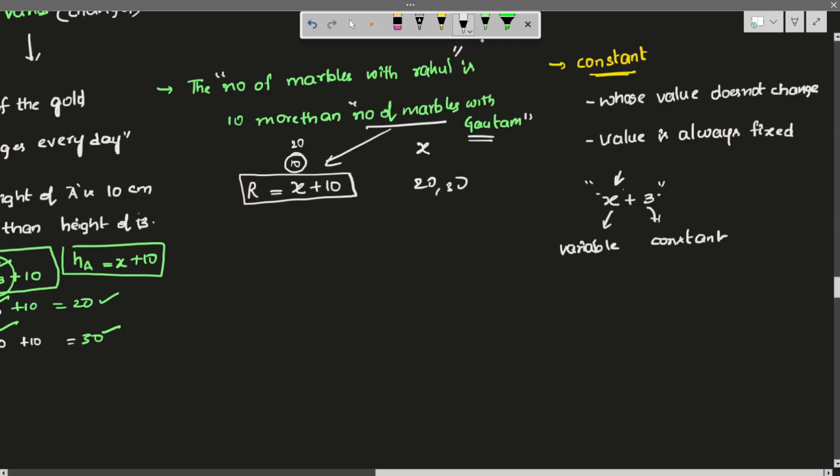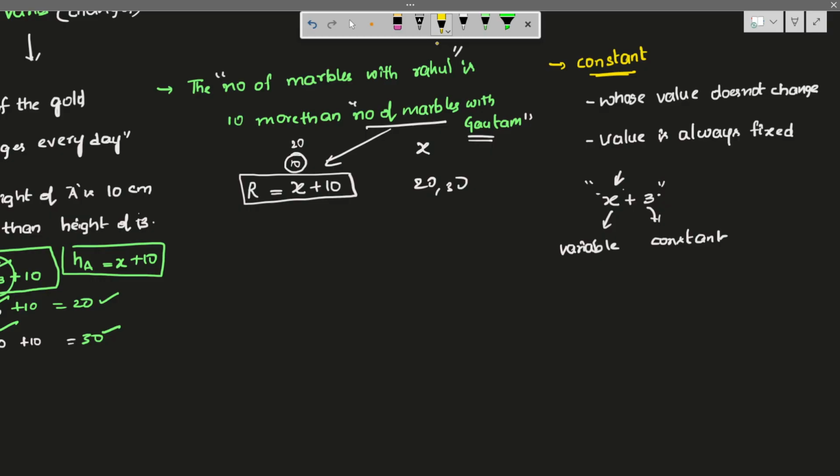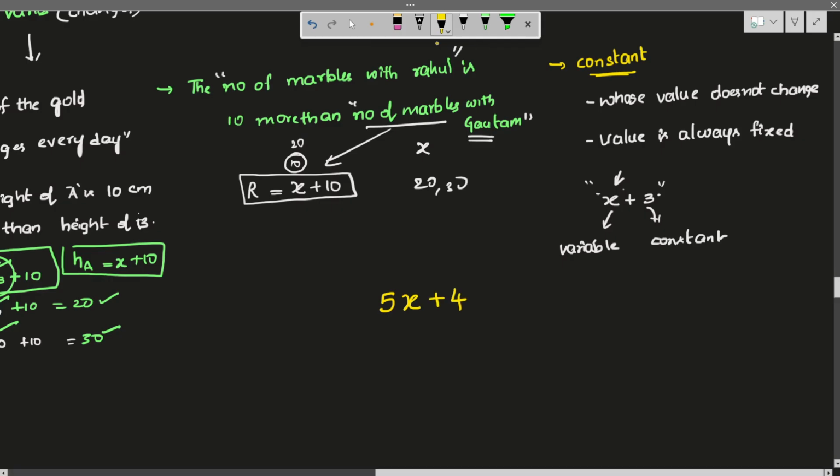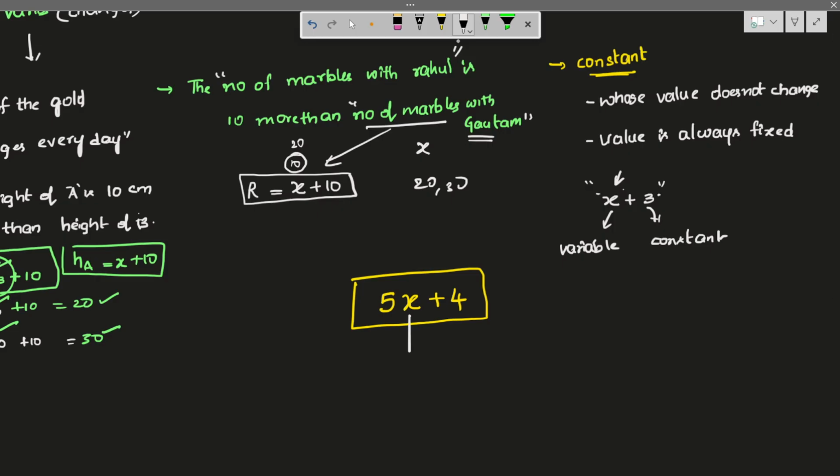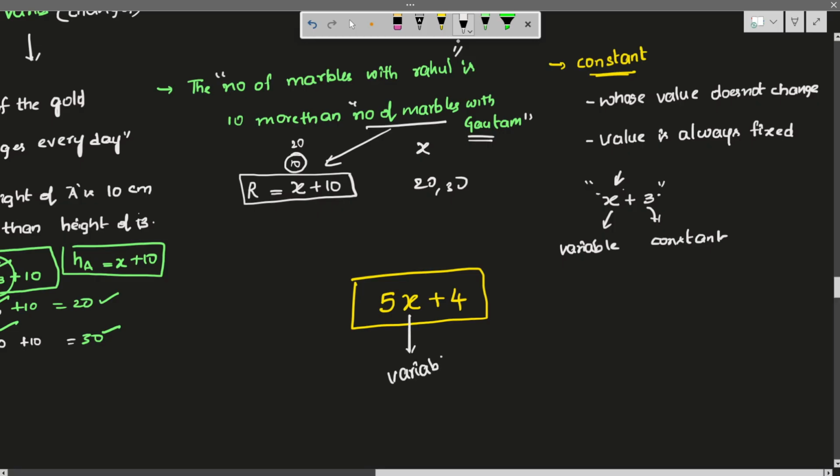Now if I give you a question like 5x plus 4, this is known as the variable, whereas this is known as the constant, and this 5 is the coefficient of x.